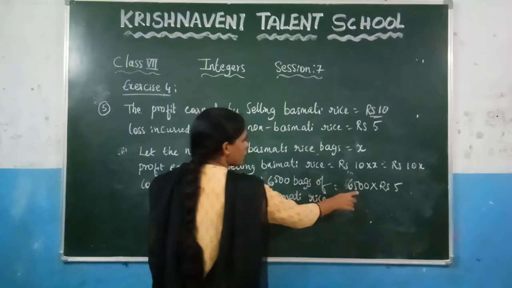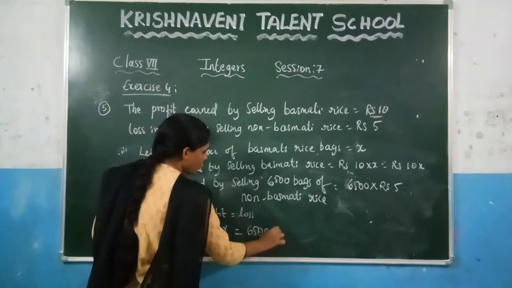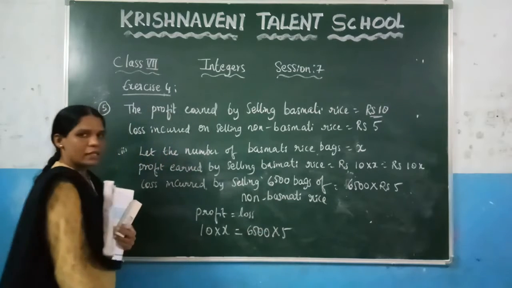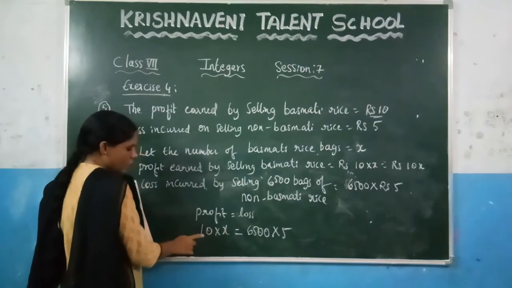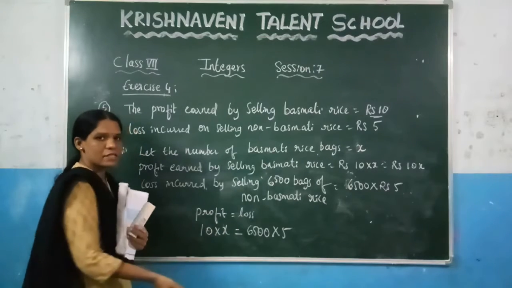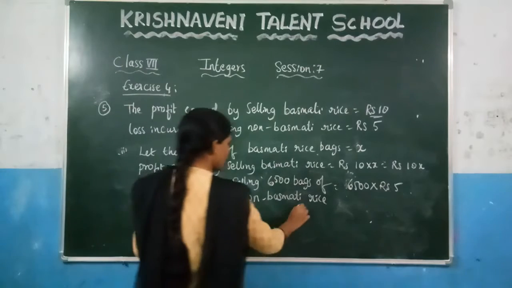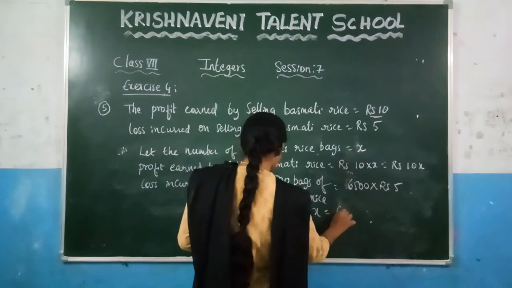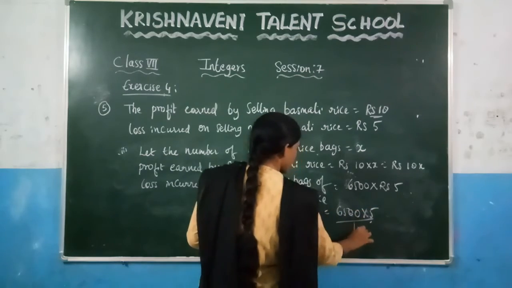And what is the loss he is getting here? 6500 into 5. If you take 10 to the right-hand side, it will become division. So x is equal to 6500 into 5 by 10.